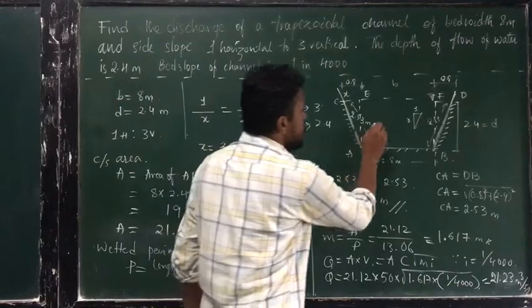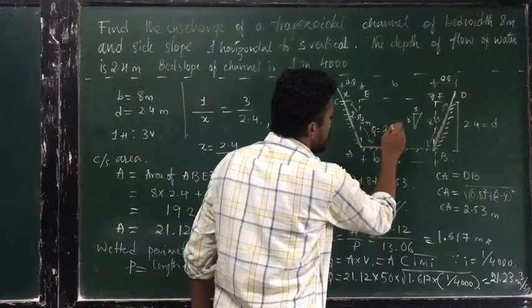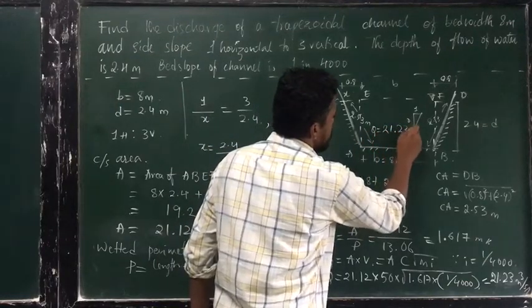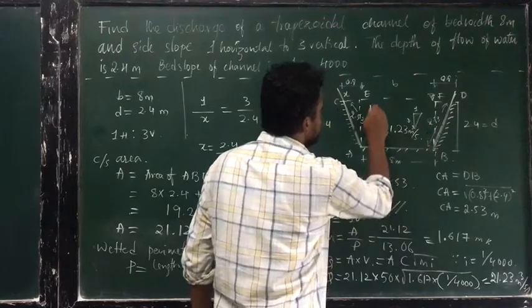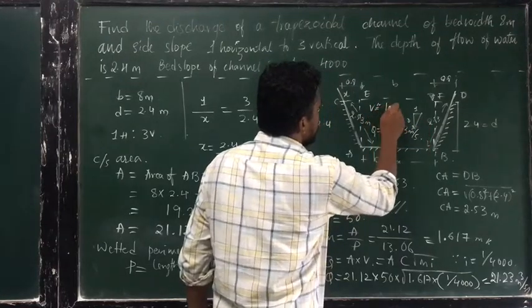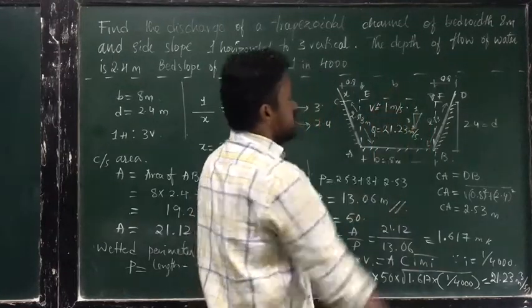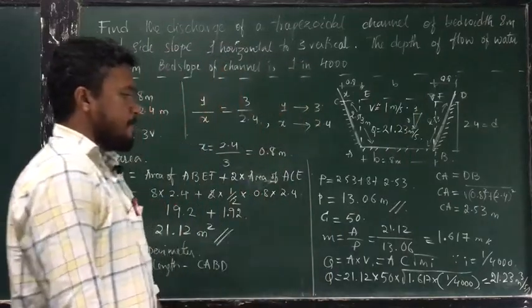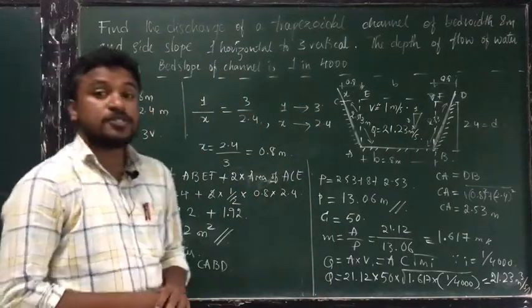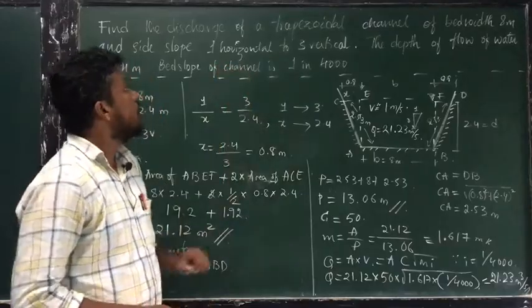So Q is equal to 21.23 meter cube per second. The velocity is nearly equal to 1 meter per second. So this is the solution for given problem.